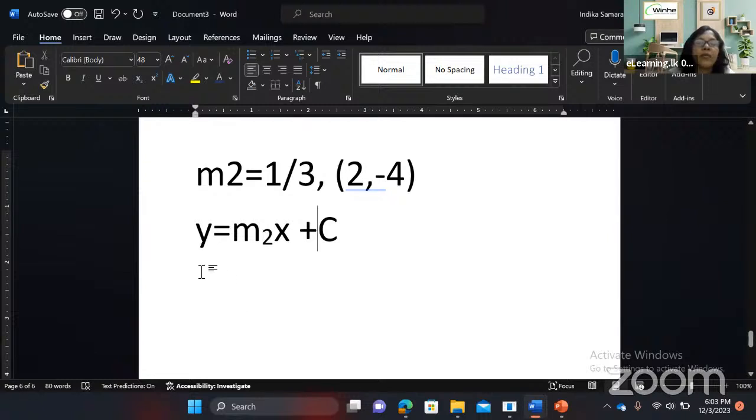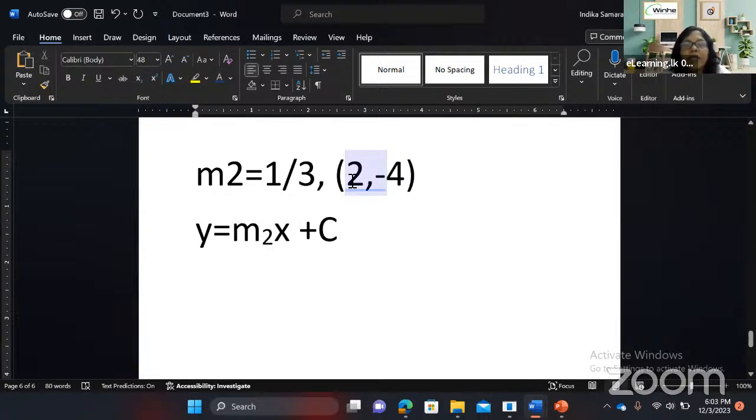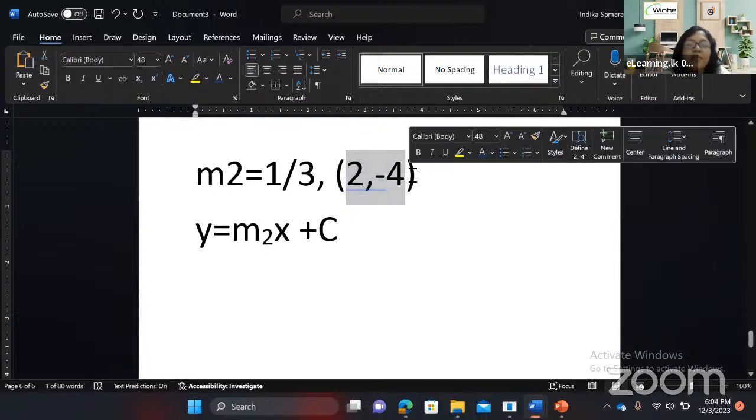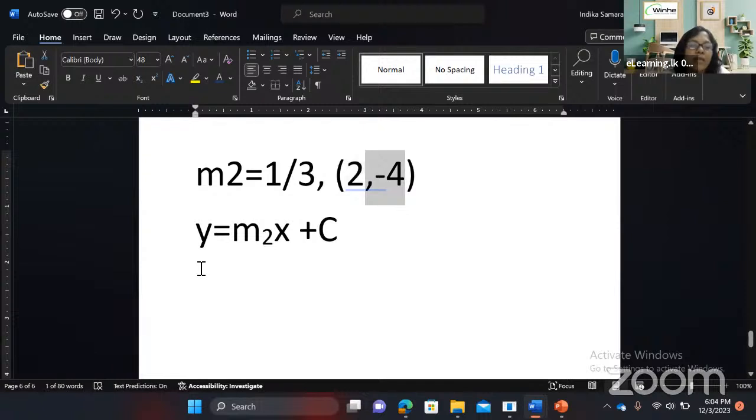Now your equation is in this form, so you can substitute values. As I said at the beginning of the lecture, when you write the coordinates of any given point on the xy plane, the first value represents the x value and the second value represents the y value.